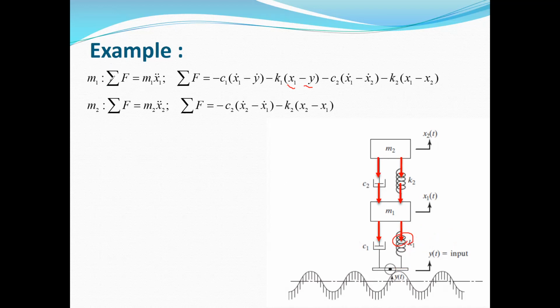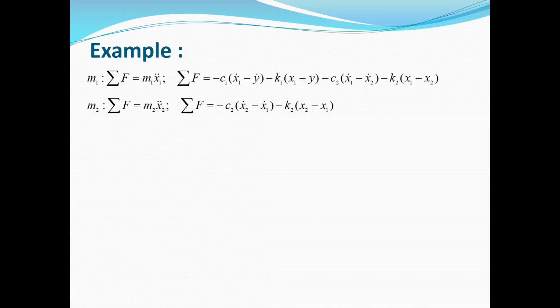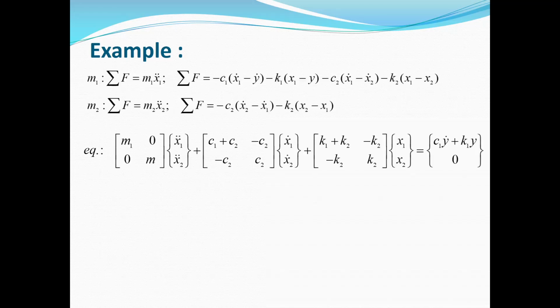So for each mass, we write Newton's second law, for the first mass m1 and for the second mass m2, and by writing these equations and simplifying, we can write the equations in matrix form. As you can see, this is the matrix form.